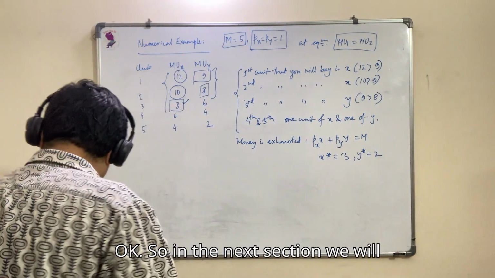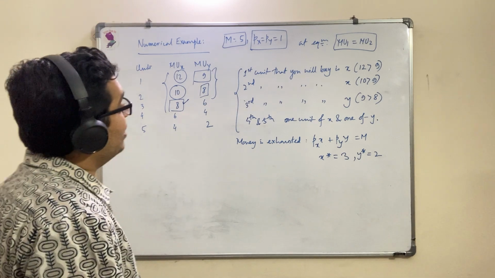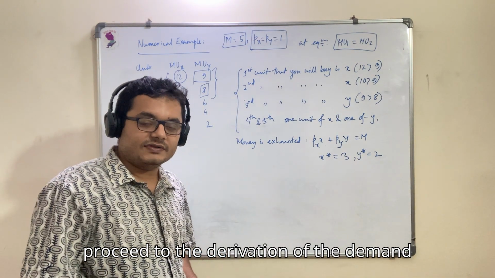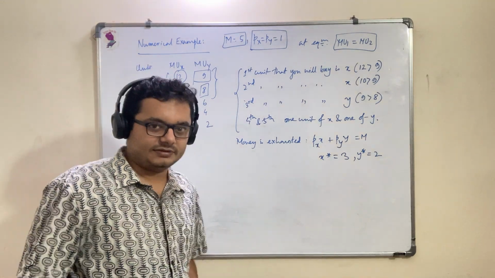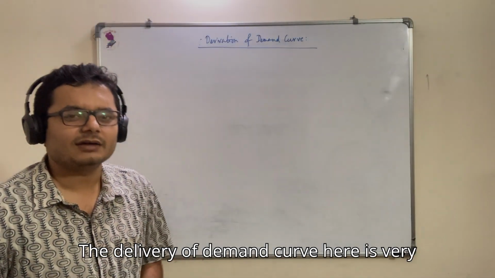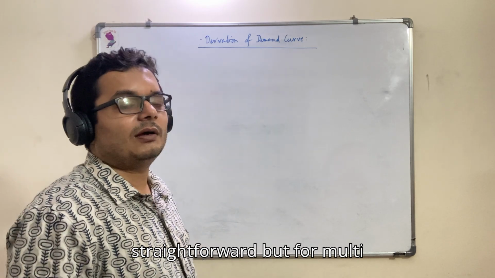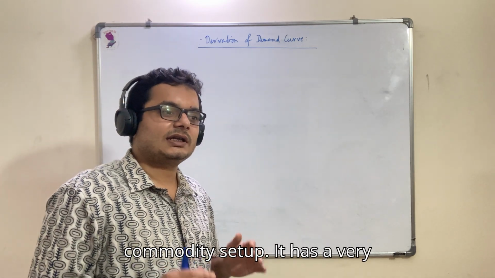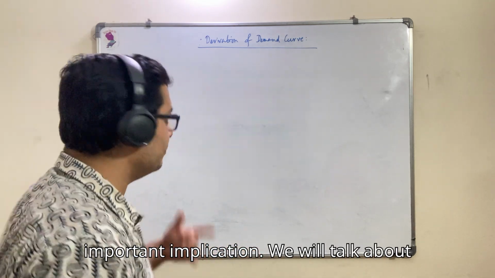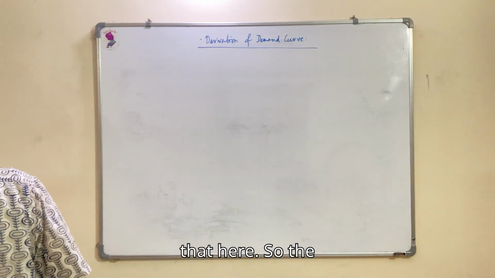Okay, so in the next section we will proceed to the derivation of the demand curve, which is obviously the target of this chapter. The derivation of demand curve here is very straightforward, but for multi-commodity setup it has a very important implication. We will talk about that here.